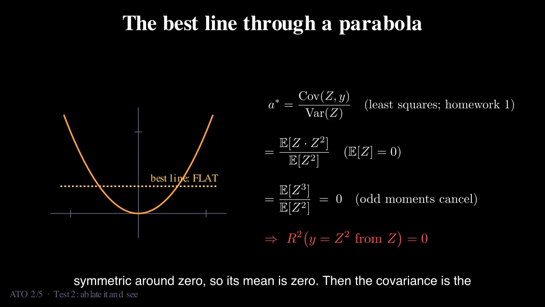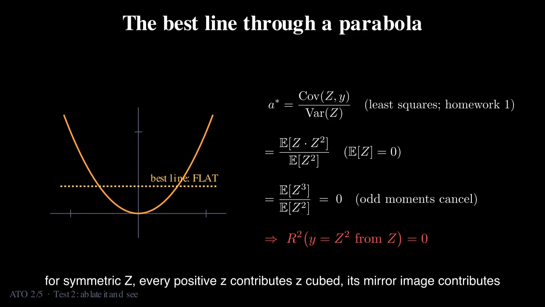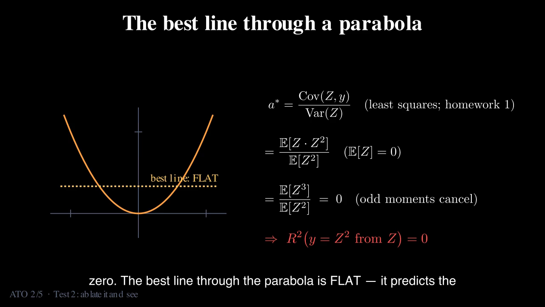Then the covariance is the average of z times z squared, the average of z cubed. And for symmetric z, every positive z contributes z cubed. Its mirror image contributes minus z cubed. They cancel in pairs. Average of z cubed, 0. Slope 0. The best line through the parabola is flat. It predicts the constant average and nothing more. R squared, exactly 0.